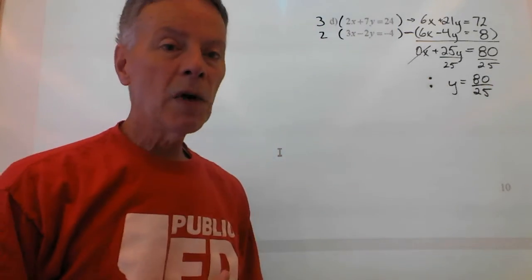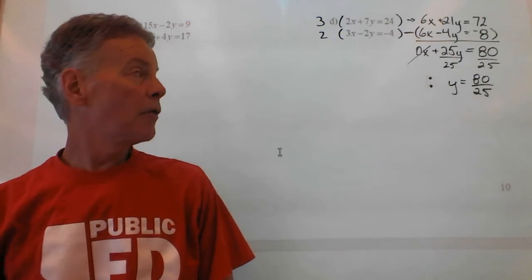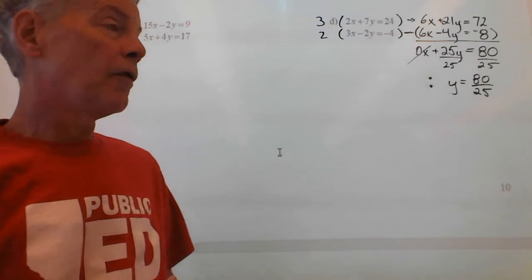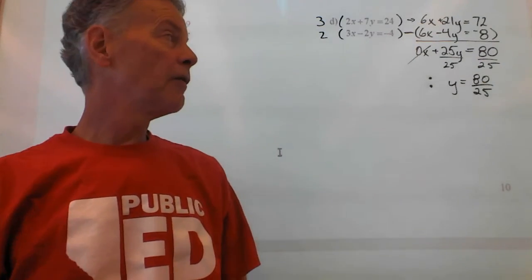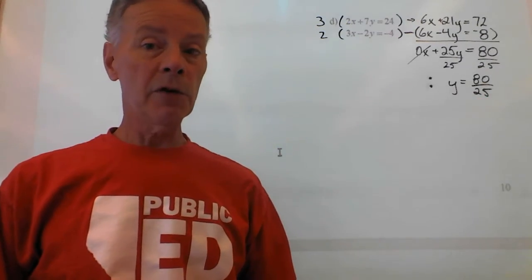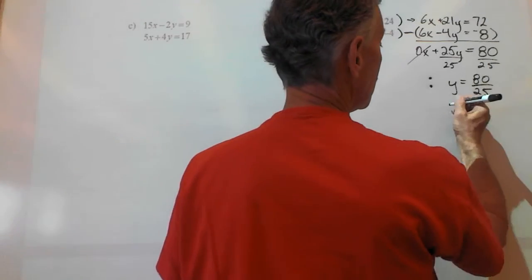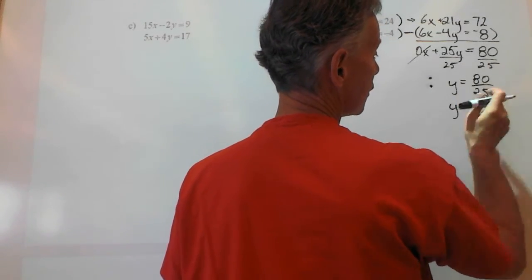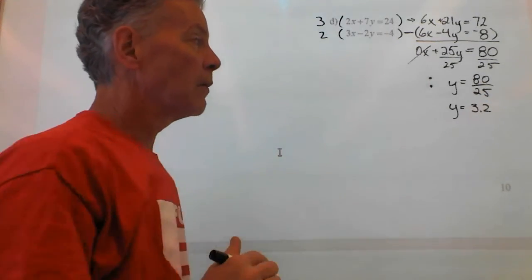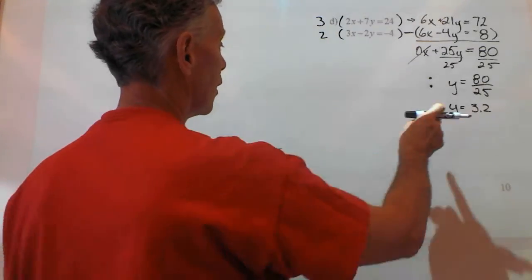Okay, you can leave these as a fraction in simplest form, so we could express that as 16 over 5, because both are divisible by 5, or you could, in this case, because it forms a terminating decimal, and only if it forms a terminating decimal, you could convert this to a decimal, and it would be 3.2. Okay? Only if it's terminating. Okay.